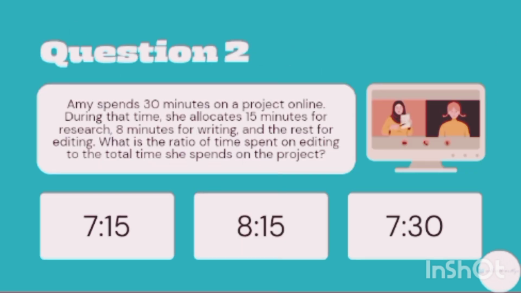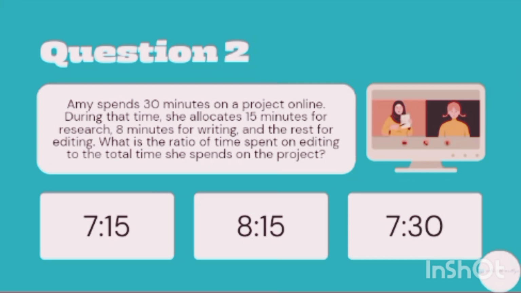Amy spends 30 minutes on a project online. During that time she allocates 15 minutes for research, 8 minutes for writing, and the rest for editing. What is the ratio of time spent on editing to the total time she spent on the project?